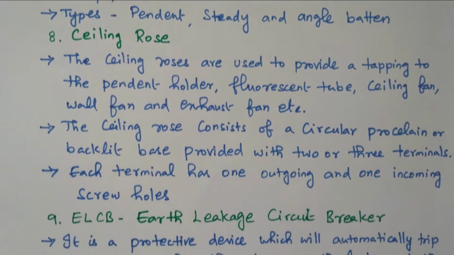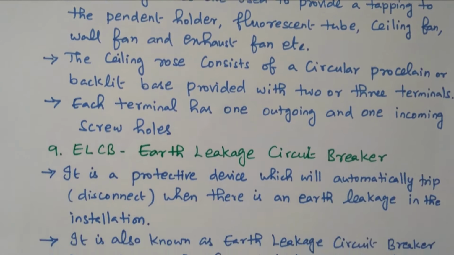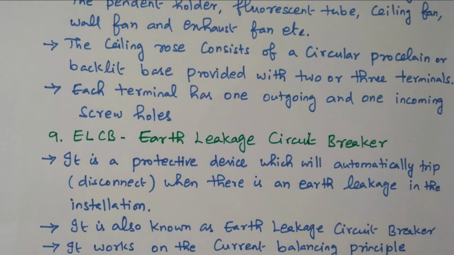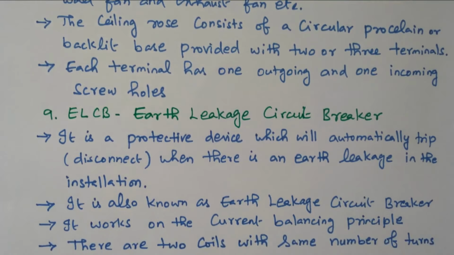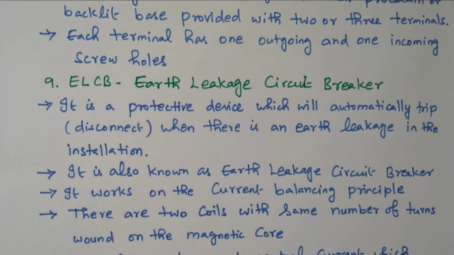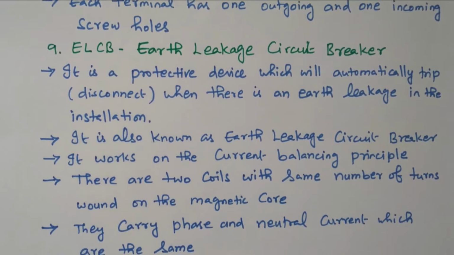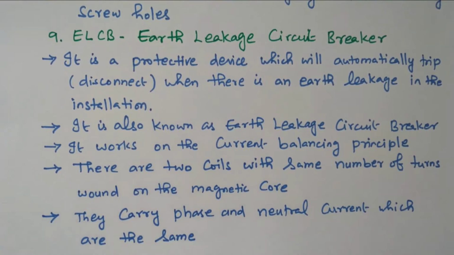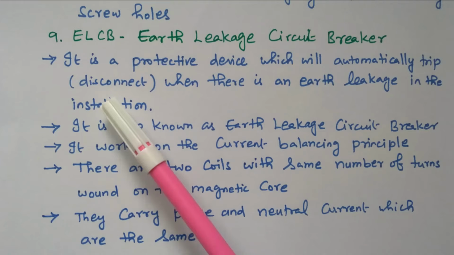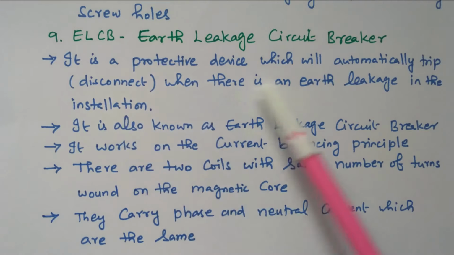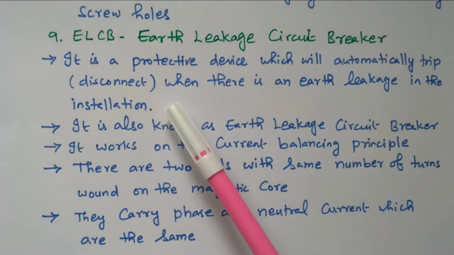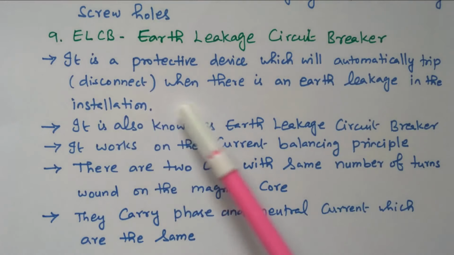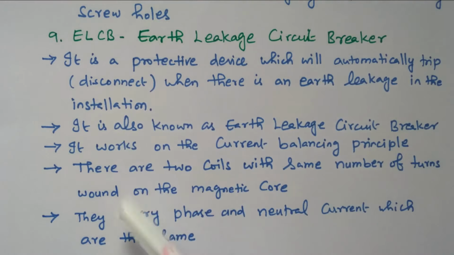Then we will go to the breaker. Earth leakage circuit breaker, ELCB. It is a protective device which will automatically trip. Trip means disconnect when there is an earth leakage in the installation.